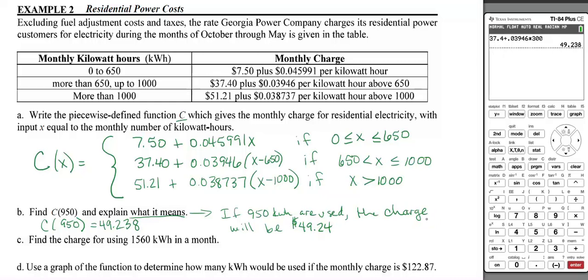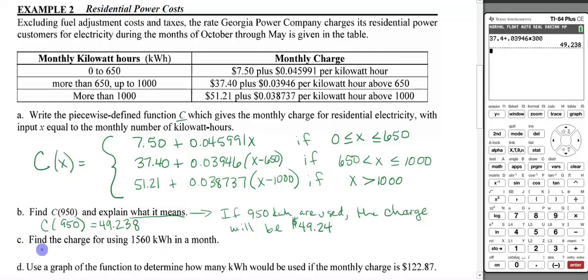Find the charge for using 1560 kilowatt hours in a month. Okay, so this kilowatt hours, 1560, that's going to be sitting in that third condition. It's 560 kilowatt hours over the 1000.